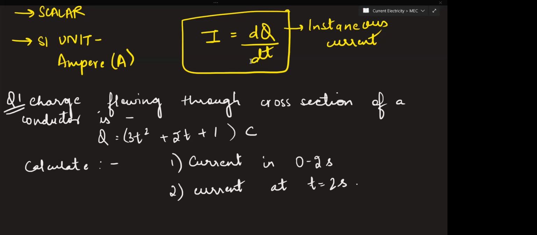Yes, Krishna. Second part's answer is correct, but try the first part as well. First, do one thing. At t equal to 0, what will be the charge? Then at t equal to 2, what will be the charge? Take the difference, divide by the time interval. You'll get the current. Last 1 minute, then I'll discuss it.